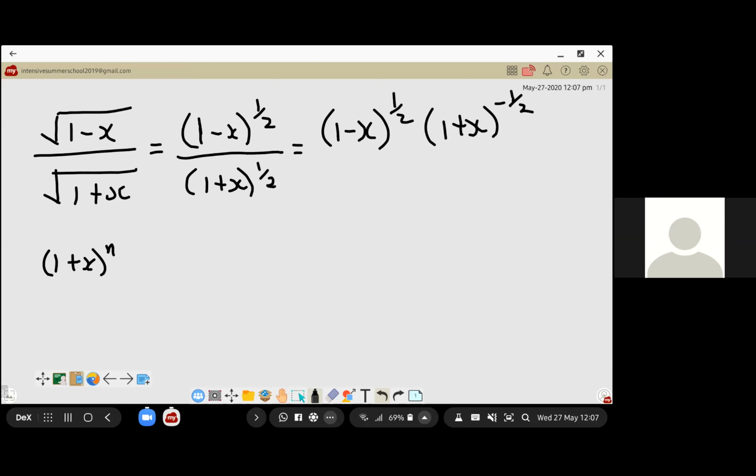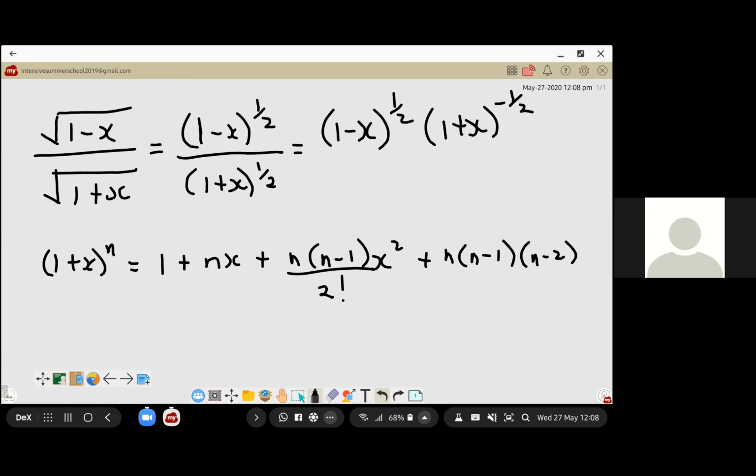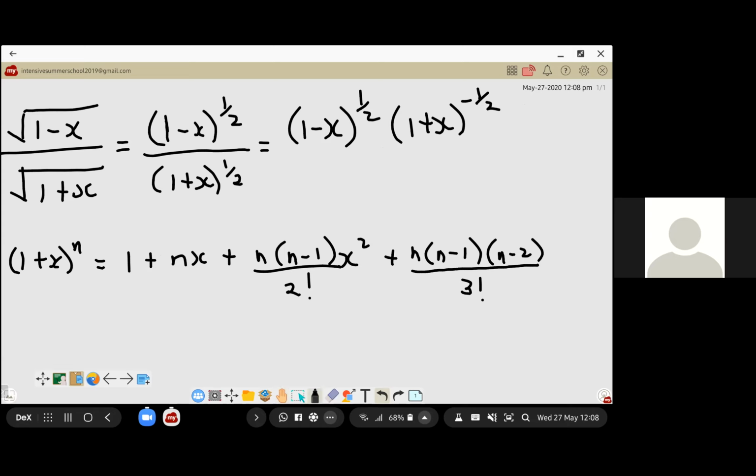And so (1 plus x) to the power n is equal to what? 1 plus nx plus n(n minus 1) over 2 factorial x squared plus n(n minus 1)(n minus 2) over 3 factorial x cubed plus dots.